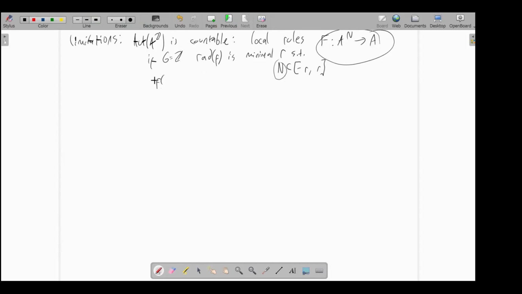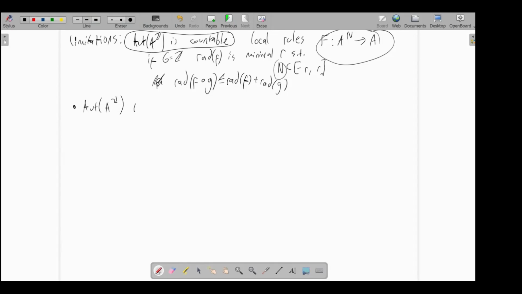And the radius behaves subadditively. So the radius of fg is at most the radius of f plus the radius of g. This is something that we will use later. But anyway, countability is clear. And then there's another interesting thing.